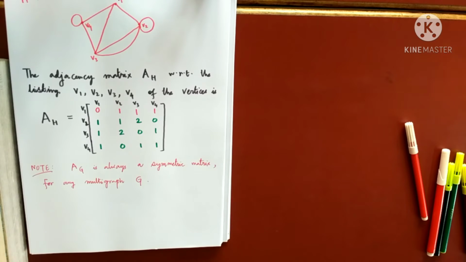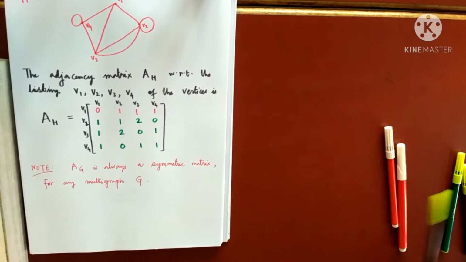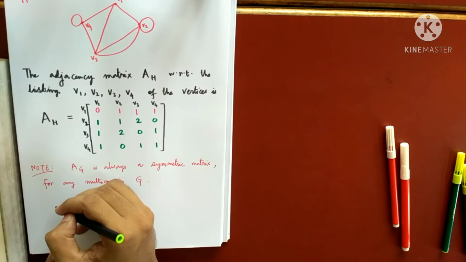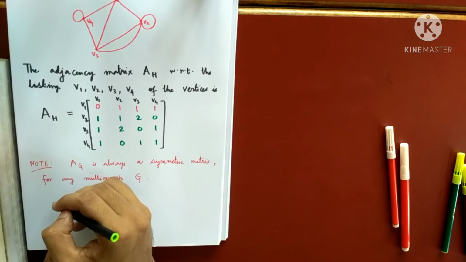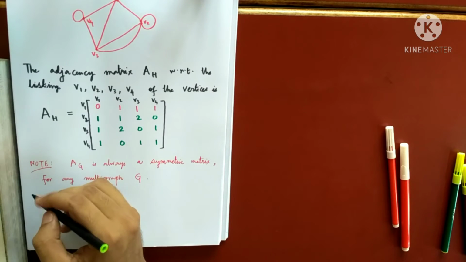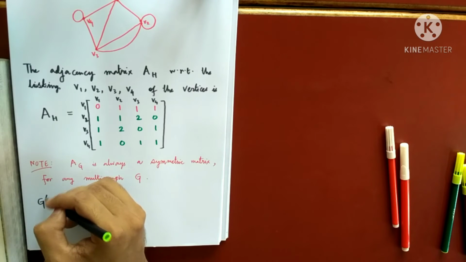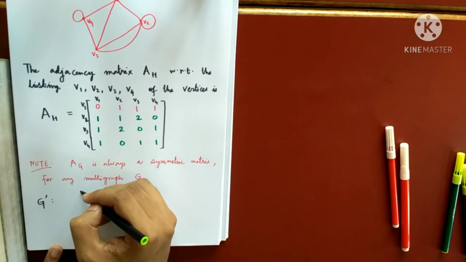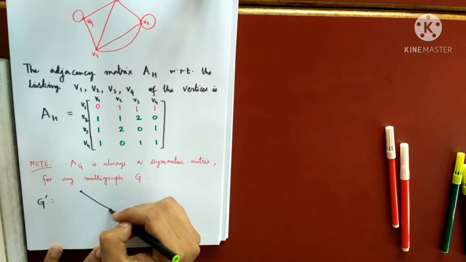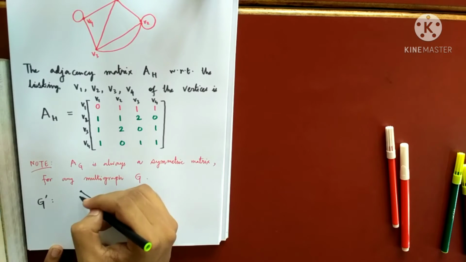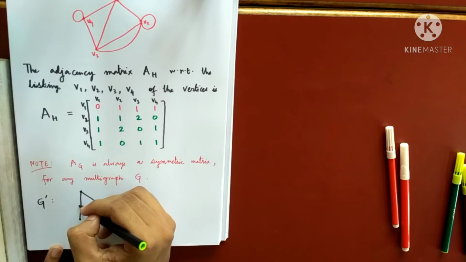So let's try to draw the adjacency matrix for the digraph. Okay. So suppose I have some digraph G dashed, which is like this. So there are some directions available.